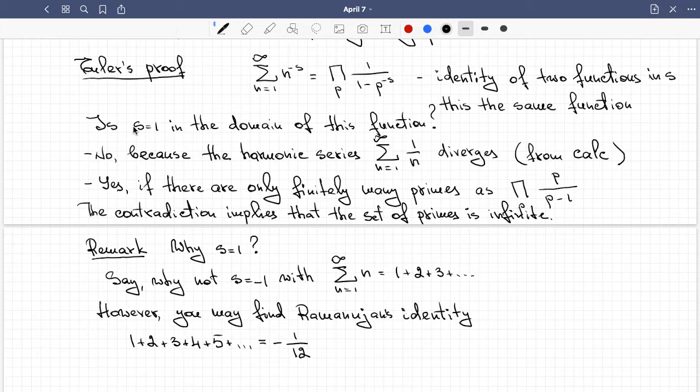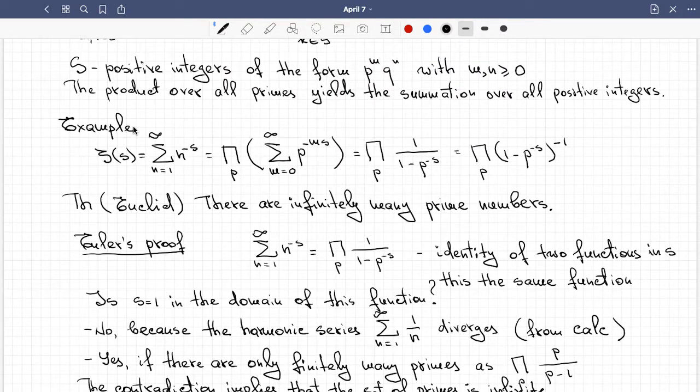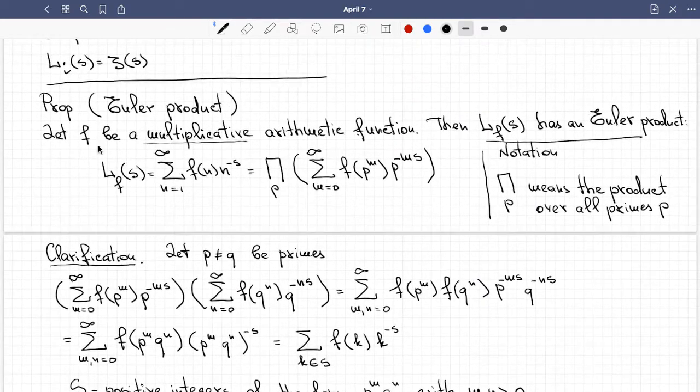Now, all that is about Riemann's zeta only. At the same time, the Euler product here is good for any multiplicative arithmetic function. We could have a supply of multiplicative arithmetic functions.